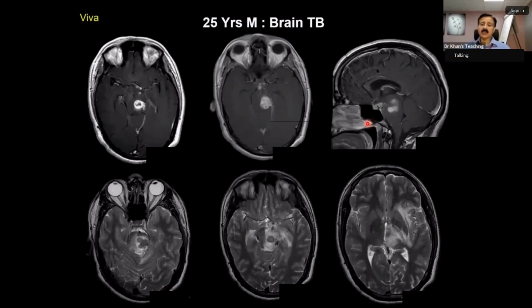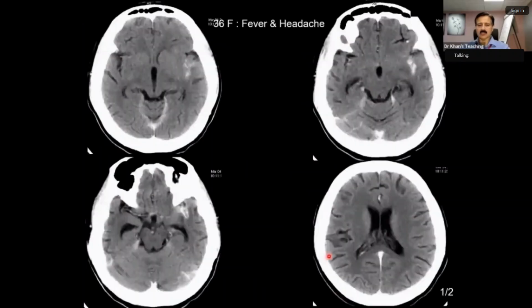Please remember, in the exam, many a time cases have come in which something is in the spine and something is in the brain, and the unifying diagnosis is TB. So I'm just showing you a few examples of similar cases.